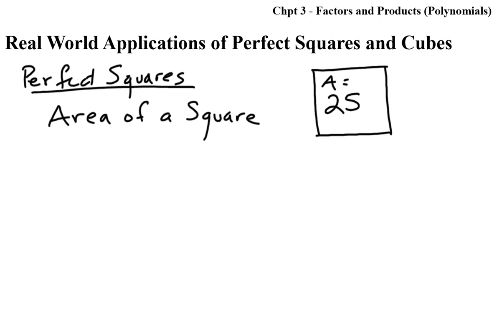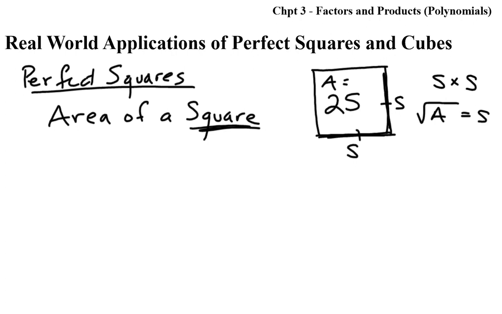Well, because it's a square, we know the area of a square is side times itself. Well, how do I figure out something times itself? I square root the area, and that'll equal a side. Square root of 25 is 5.